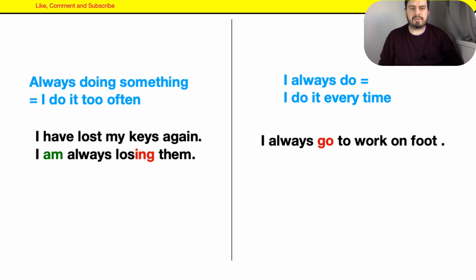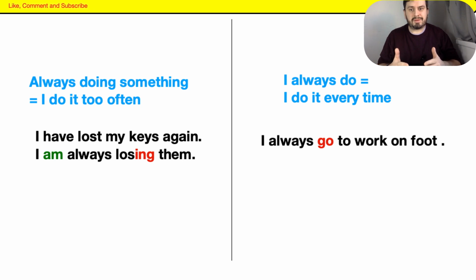Here's another key difference. Last time in one of the previous videos we learned that always do is something that we can use in present simple to say what we do every day, for example. Here the example is, I always go to work on foot. I do it every day. I do it every time.